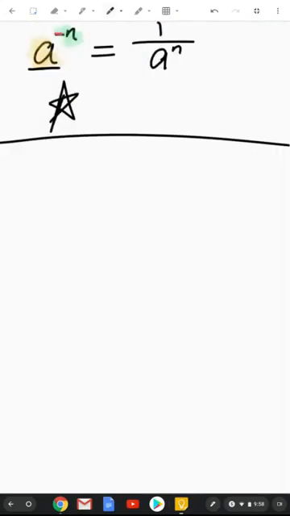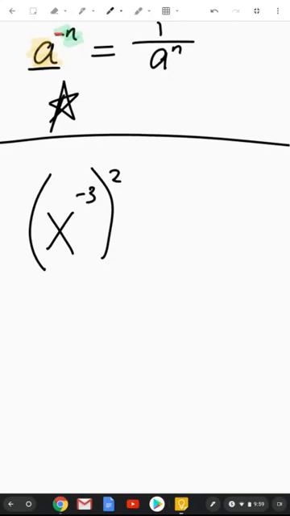Last one I'll do for you if you need it is, let's say we have x to the negative 3rd power, whole thing raised to the 2nd power. We know that we need to multiply the exponents. So I would get x to the negative 6th power.